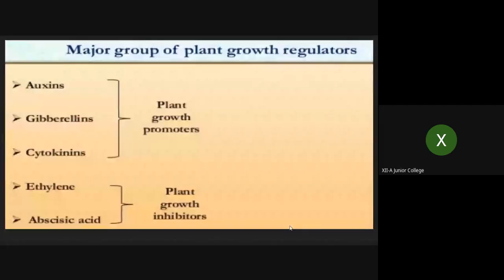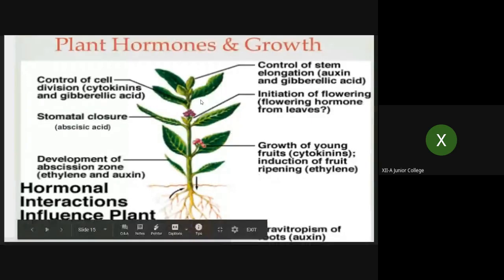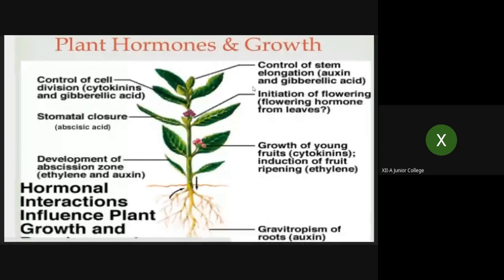This just shows how these different types of plant hormones are produced and where their activity is. If you see the first one, that is the apical structure, the control of stem elongation is done by auxins and gibberellic acid. Then initiation of flowering, for that flower hormones are present.